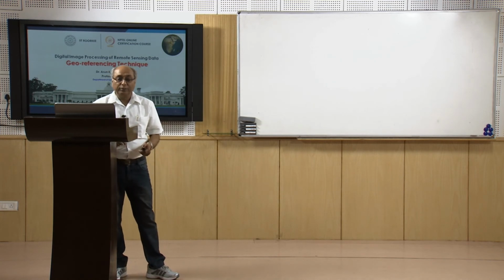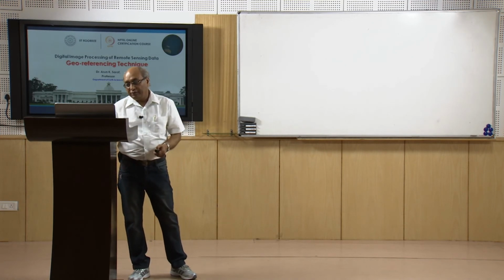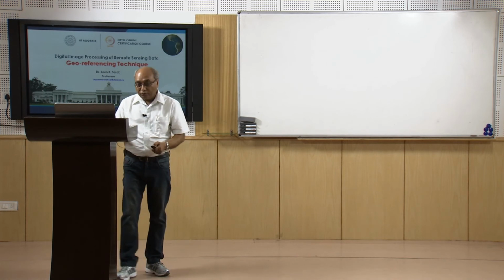And then the last one is E, which is the negative of the y scale dimension of a pixel in map units. This is again, as I was mentioning, because in the raw image the xy are always counted from the top left corner, whereas in the georeferenced image they are counted from the bottom left.